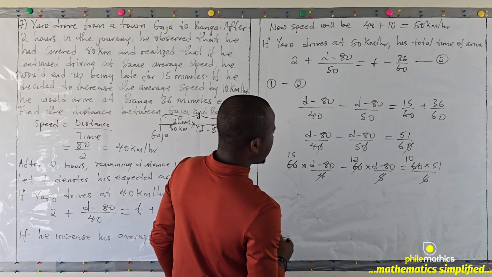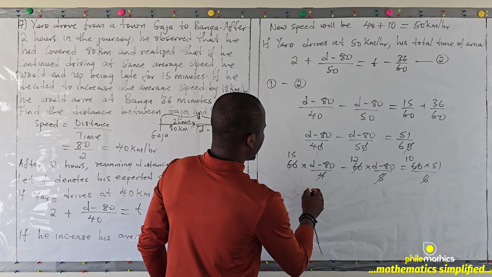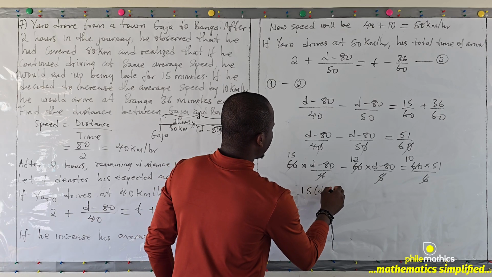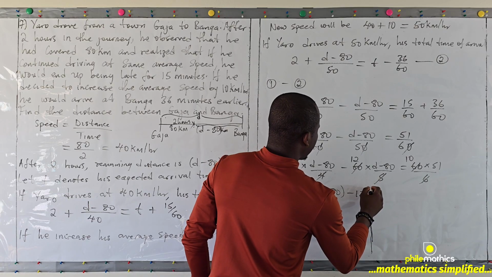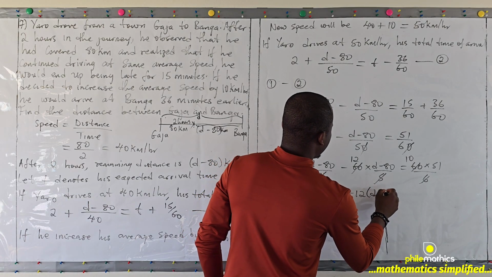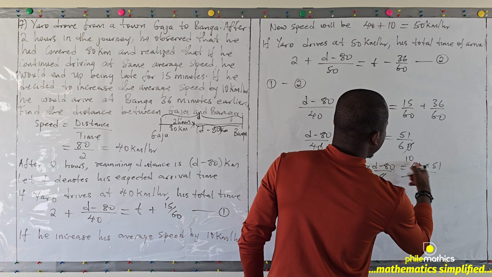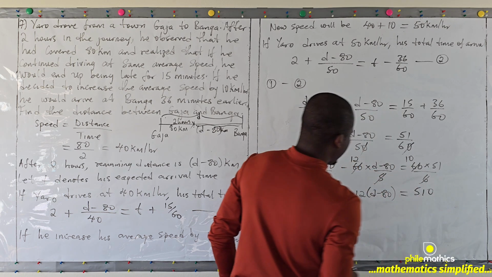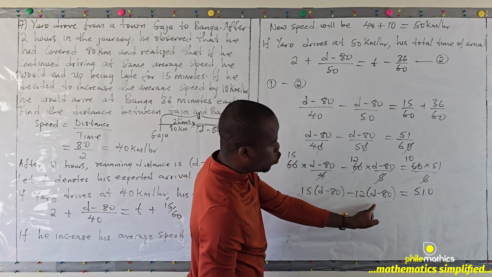So if we open the bracket, we'll have 15 times (d minus 80) minus 12 times (d minus 80) equals 10 times 51, which is 510.